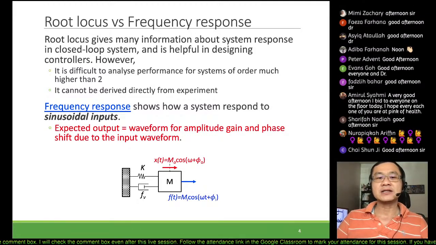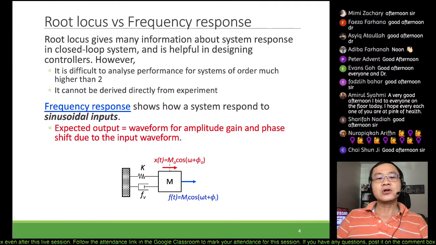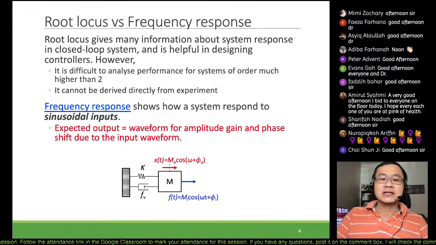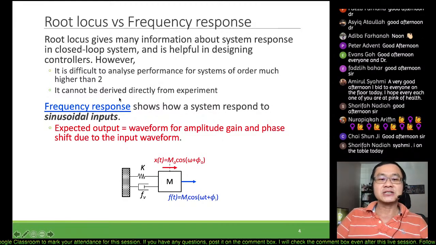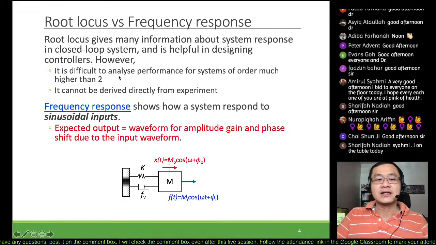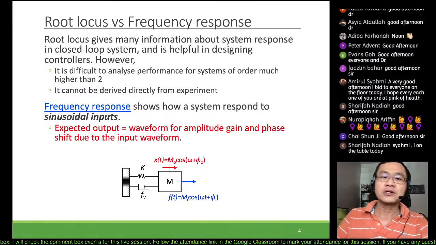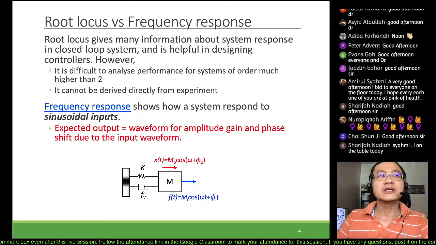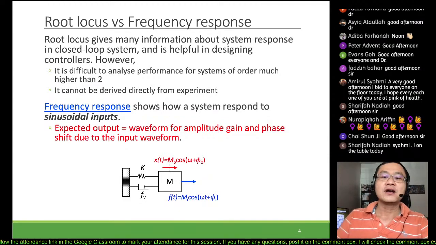The difference between the root locus and the frequency response technique is that the root locus technique has limitations: it is difficult to analyze the performance of a system of order higher than 2. Remember, we always looked into the justifications of the second order system.